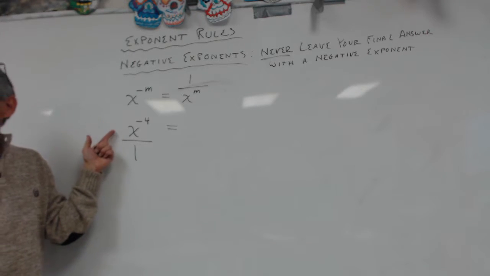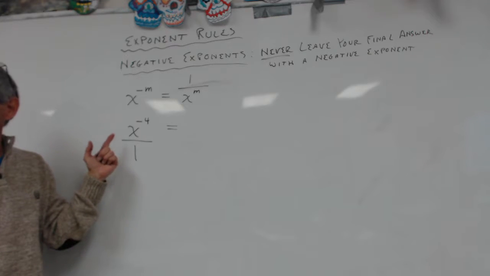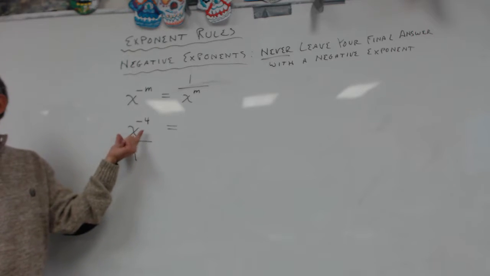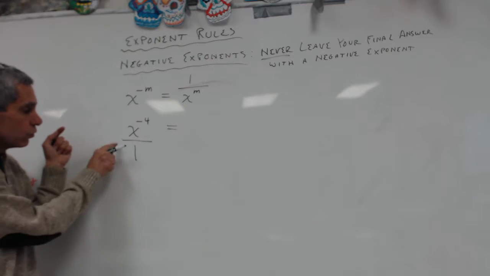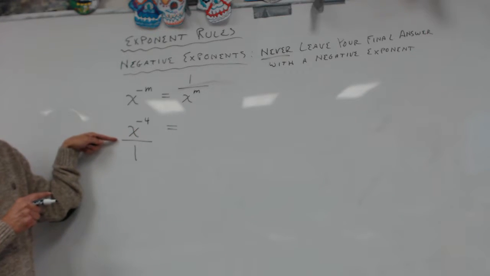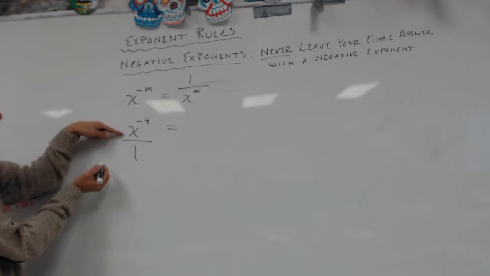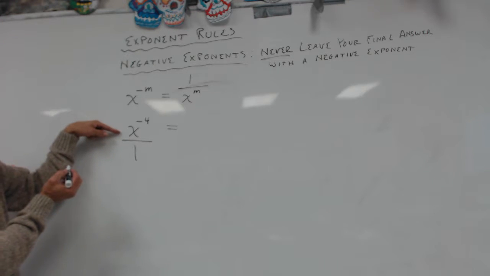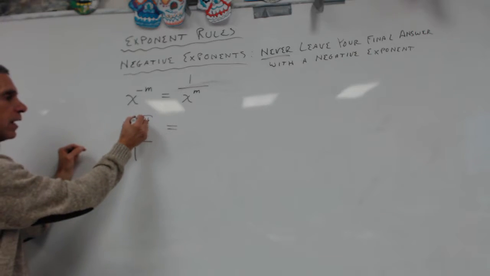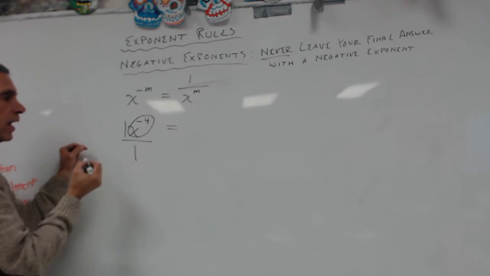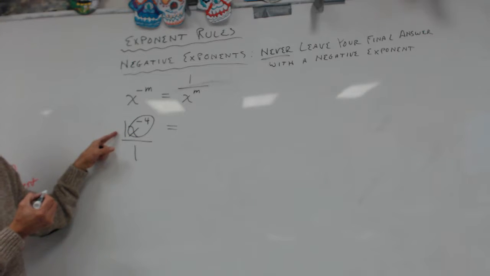All you have to do, this is key, if everybody's paying attention, you'll totally get this. All you have to do to change a negative exponent into a positive is move it across the fraction line. So what is the hidden coefficient in front of this x? 1. That 1 is going to stay up there. The only thing that has the negative exponent is the x, not the 1.